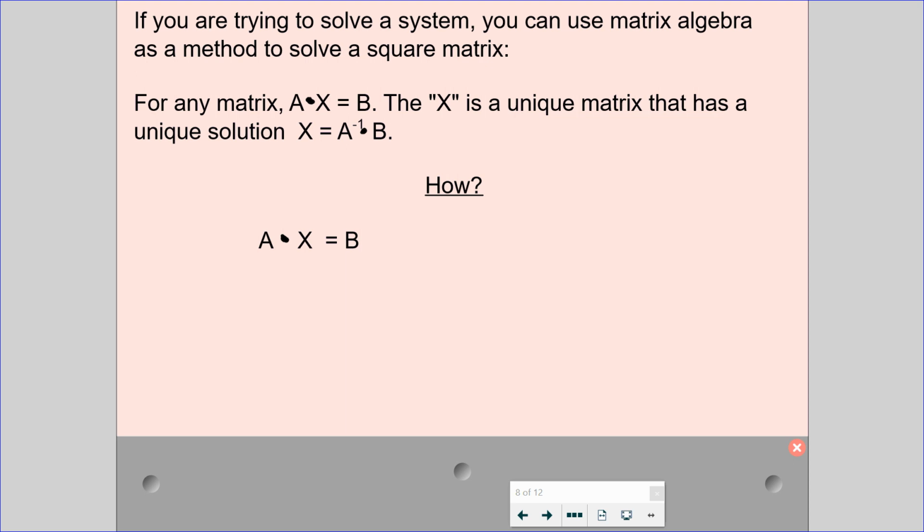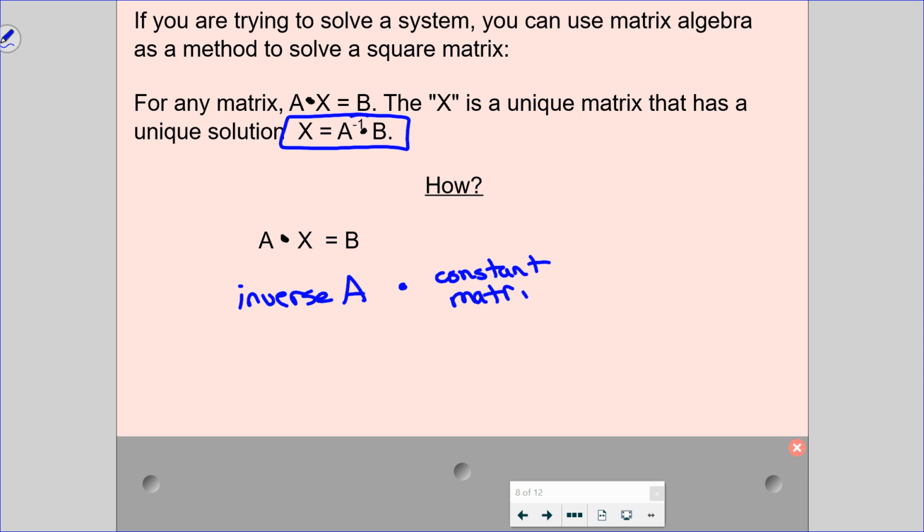If we have A, which is our coefficient matrix, and we have an x in this case, that is our variable matrix, that equals our B in this case. We can go through and figure out that in order to solve for x, we can take the inverse of the very first one. So our goal now is to have the inverse of A multiplied by the constant matrix.